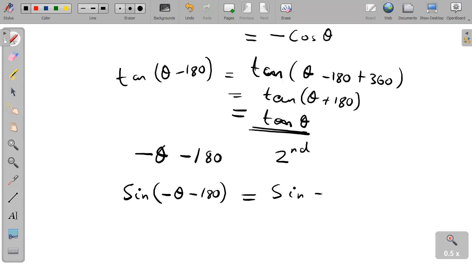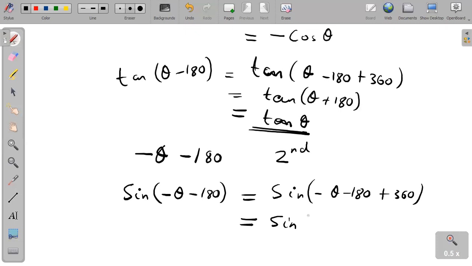We have minus theta minus 180 and the 360. I'm sticking to the first method, but I'm saying it's not the only method we have. We can factor out the negative there and deal with it the way I've explained the other method. For the sake of progress in time, I will just explain one method in the meantime, but it is going to give us the same result.